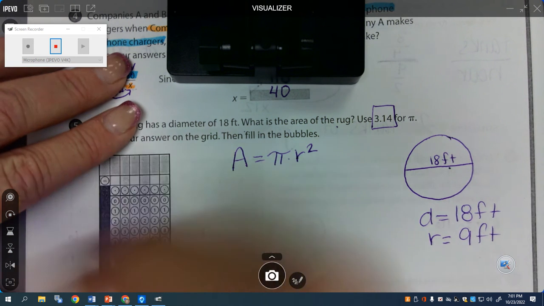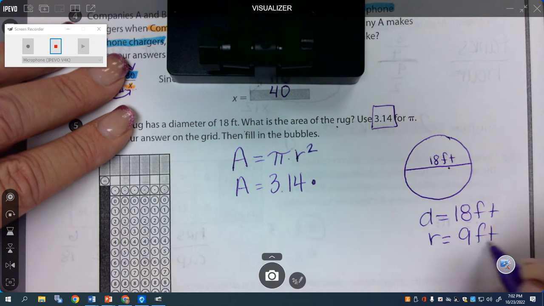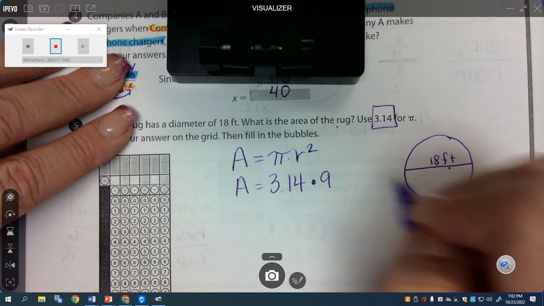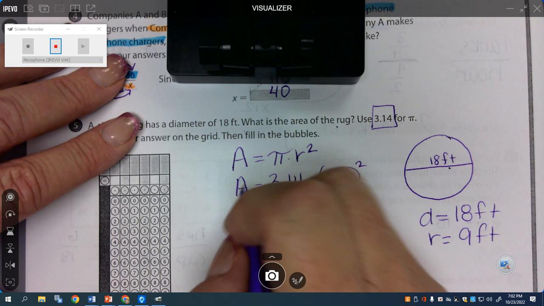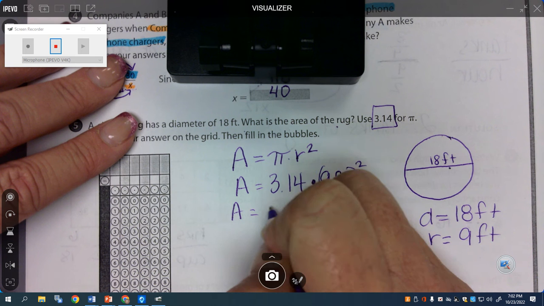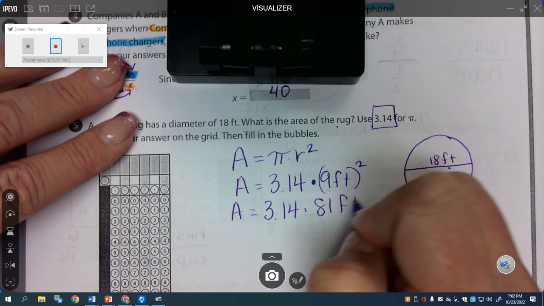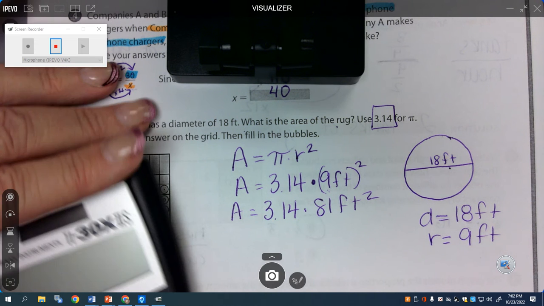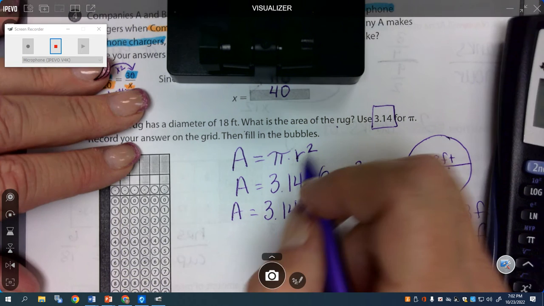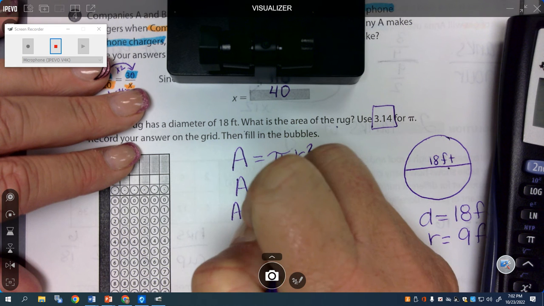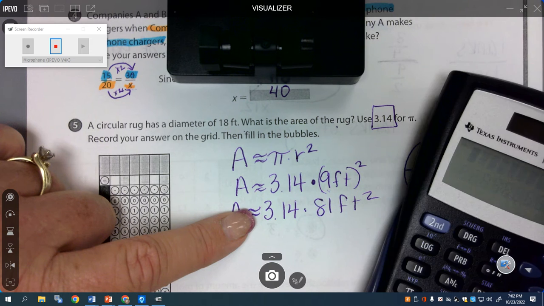So here we go. Area equals 3.14 times 9 feet squared, right? 9 times 9 is 81. So this becomes 3.14 times 81 feet squared, and we're just going to multiply those together. Hopefully you remember, this is finding the approximate value because we're plugging in 3.14 for pi and not using the pi symbol.